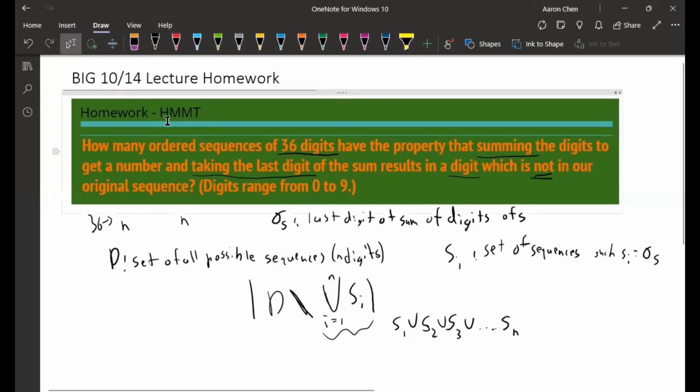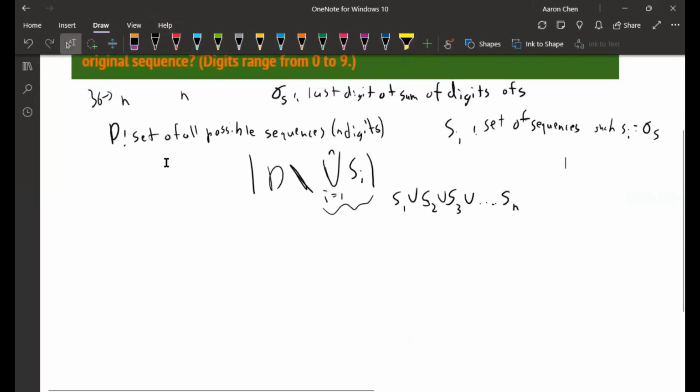Now this is a PIE problem. If you don't remember, PIE is the principle of inclusion and exclusion. The basic definition is the size of the union of sets is the sum of the sizes of each of the sets, minus the sum of the pairwise intersections of the sets.